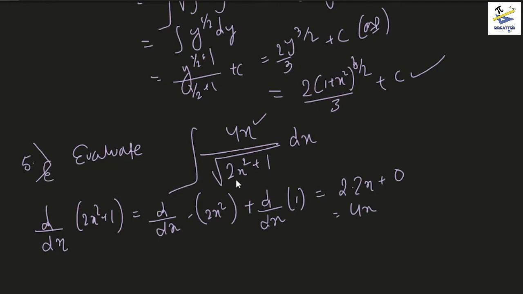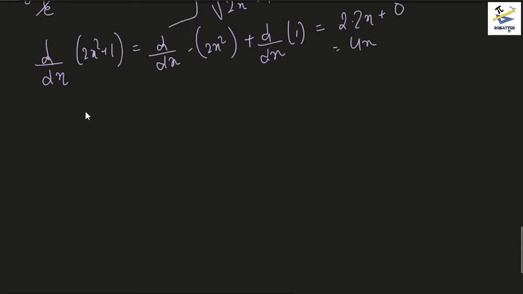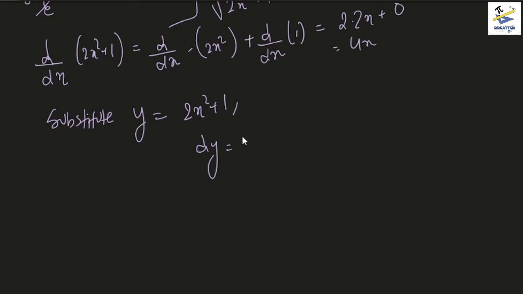The derivative of the term 2x square plus 1 is already present, and if that is so, what we can do is we can substitute y equals 2x square plus 1, and thus we see that dy is equal to 4x dx, and this would turn our integral into something like this.